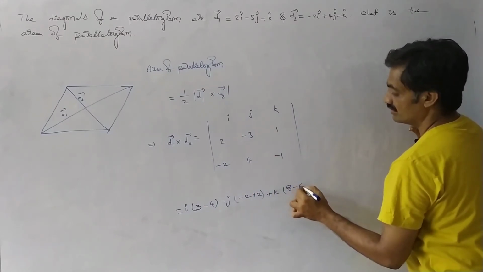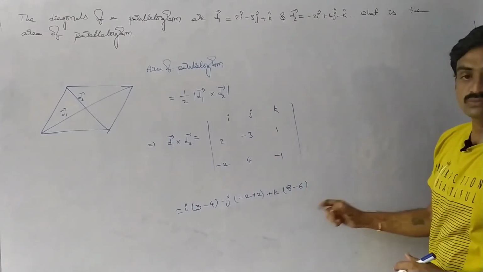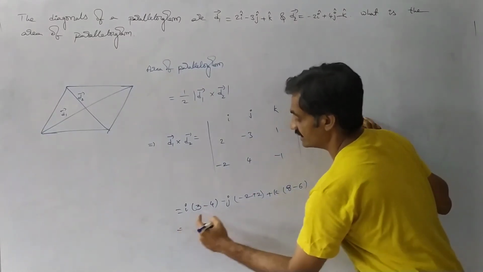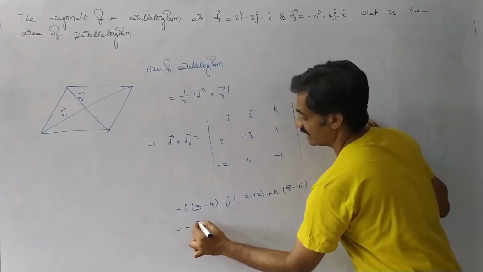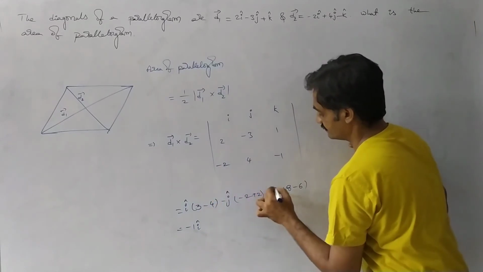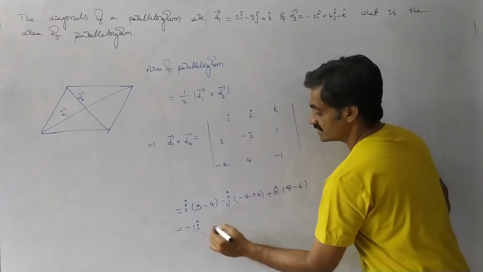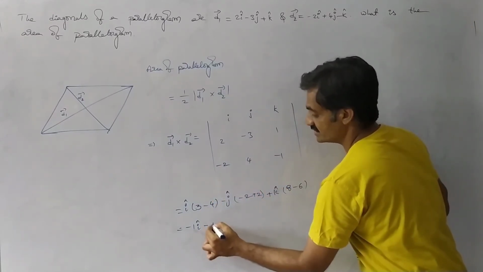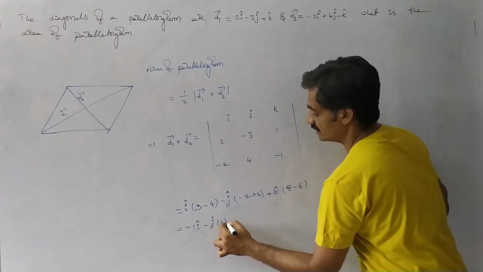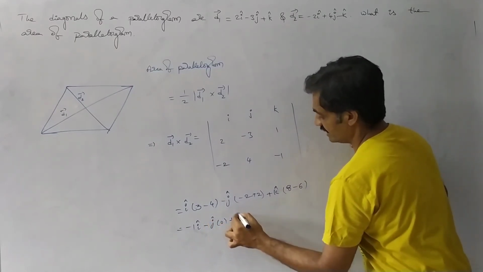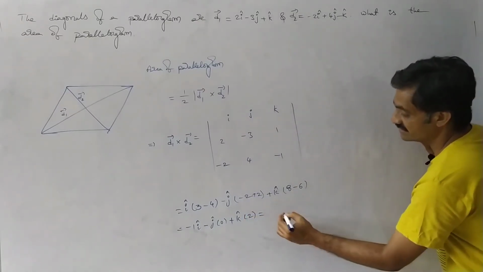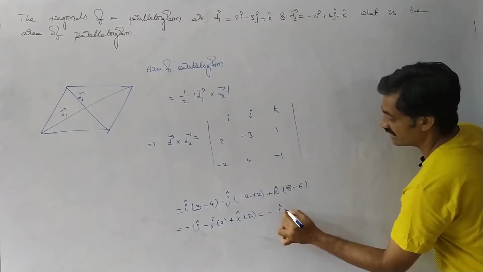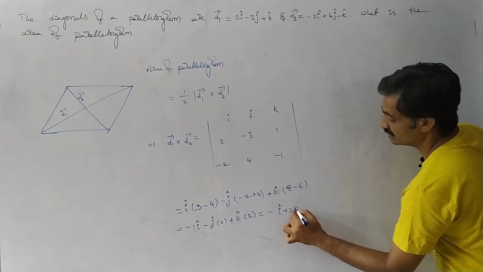So we can write it as (3 minus 4) is -1 i cap, minus j cap into (-2 plus 2) 0, plus k cap into (8 minus 6) is 2. So the resultant vector is -i cap + 2k cap.